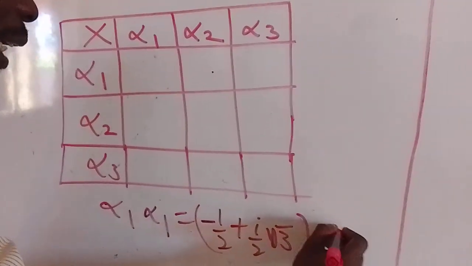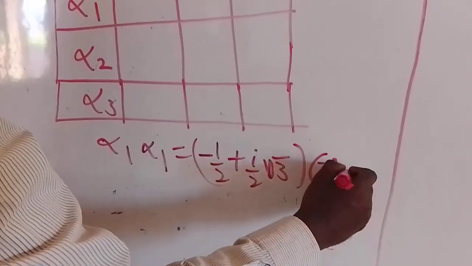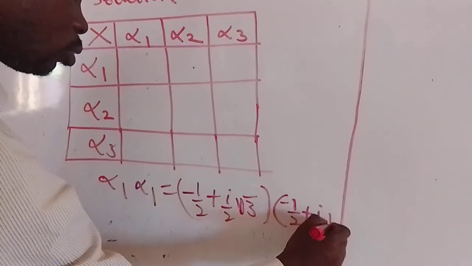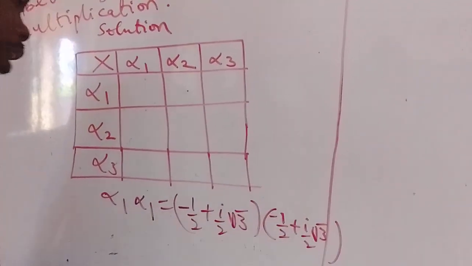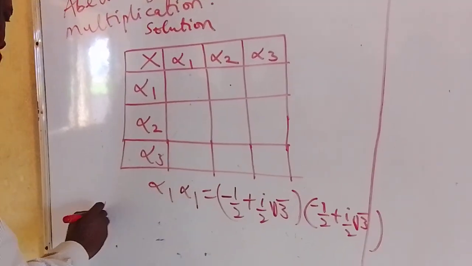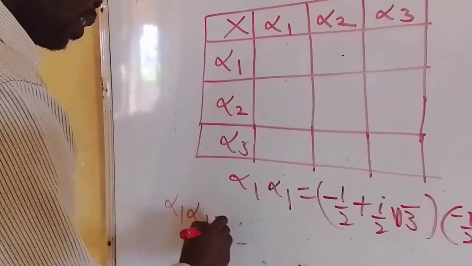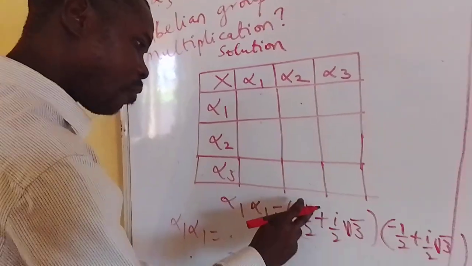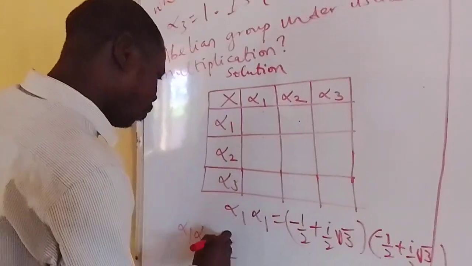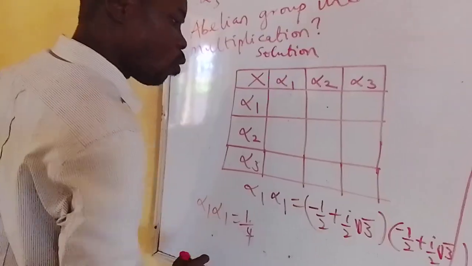We are multiplying it by itself: minus half plus i over 2 root 3. Now let's do the multiplication. So alpha 1 squared is equal to, minus half times minus half is 1 over 4.